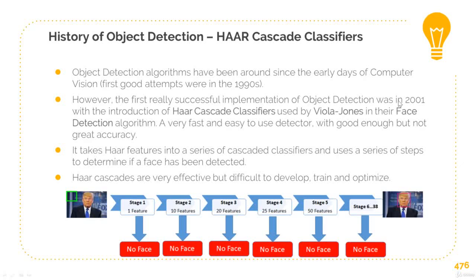And it was super fast, and it's actually still used today in a number of applications. It's been optimized and tweaked to be even faster, so it reduces the CPU load, and it's very, very accurate. What it does is a cascade of classifiers. That's basically how it got its name. And it uses Haar features.